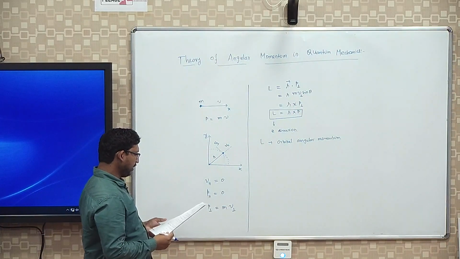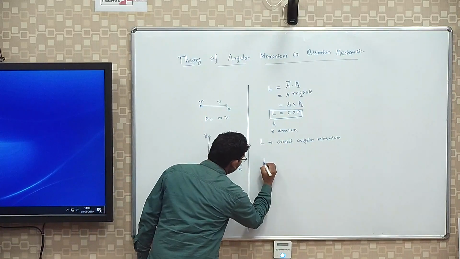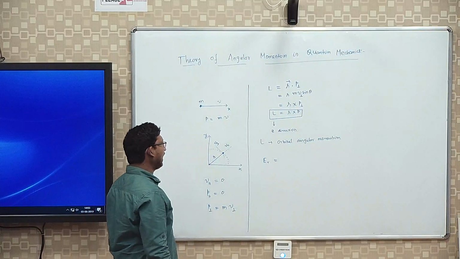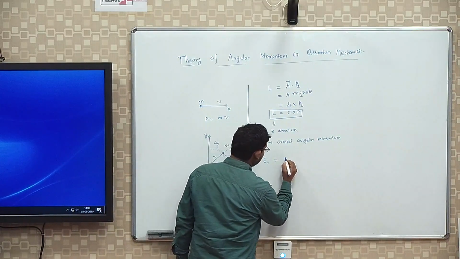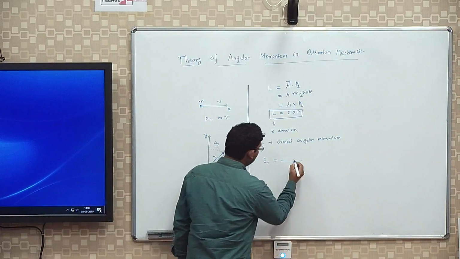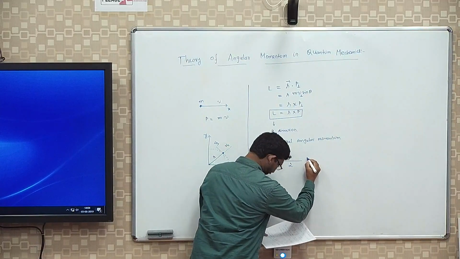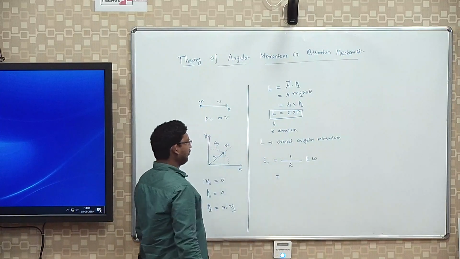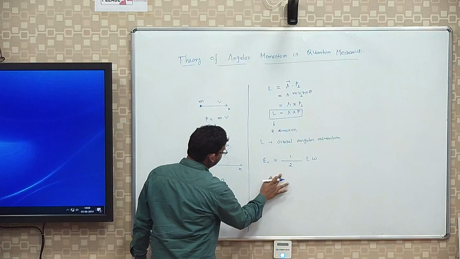In classical mechanics, the rotational kinetic energy E_R is directly related to this orbital angular momentum.